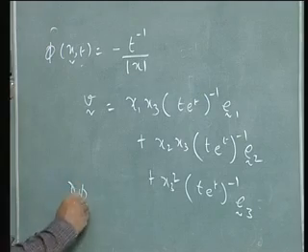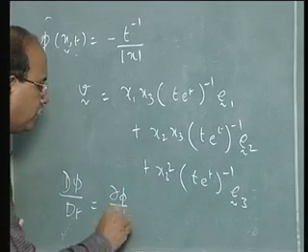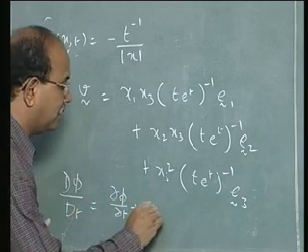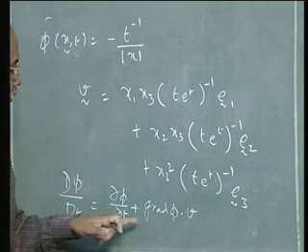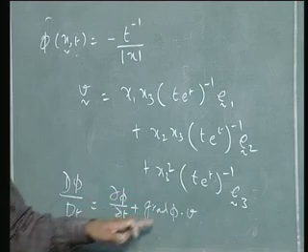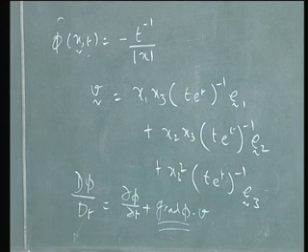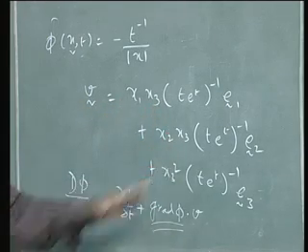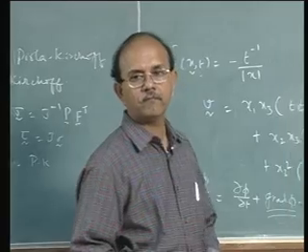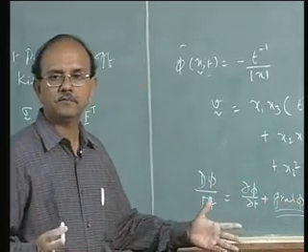So you will see that d phi by dt is equal to dou phi by dou t plus grad of phi dot v. Note that phi is with respect to the current coordinate, so you have to determine dou phi by dou x. Note that v is also with respect to the current coordinates. Be very careful in that, and see that x1, x2, x3 are all with respect to the current coordinates. So your job is now to find this, take the dot product. That's all.